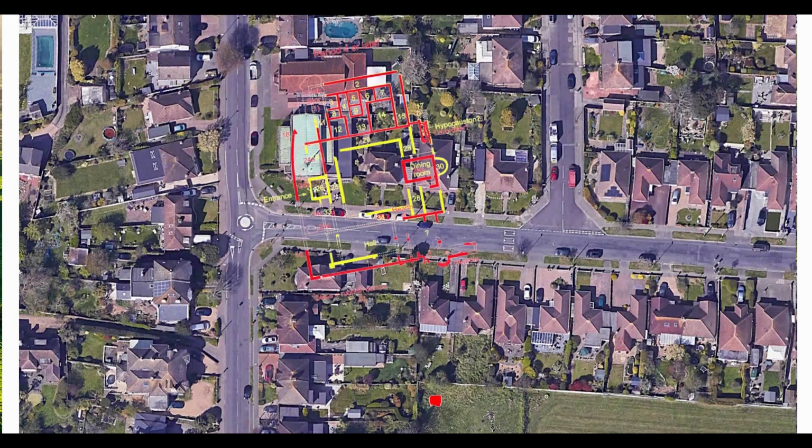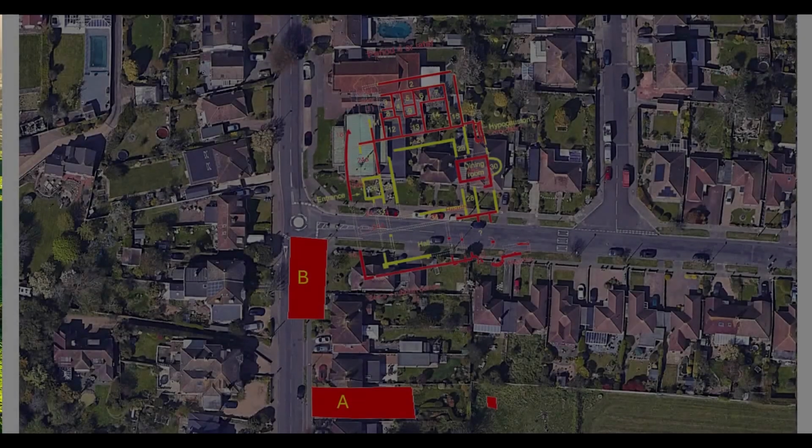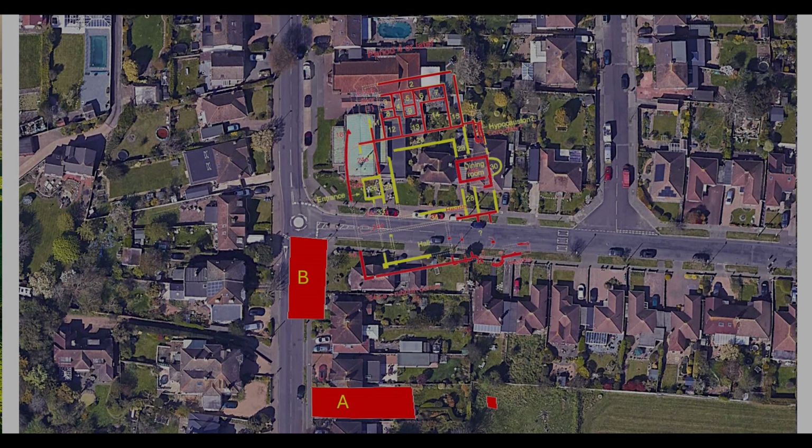A test pit excavation of the northwest corner of the playing field was carried out in 2008 by Giles Standing. Down here. This is the 2008 excavation plan. Looking at Area A, it is now known that it was in the garden of this property that an angle of a flint and mortar wall was found.